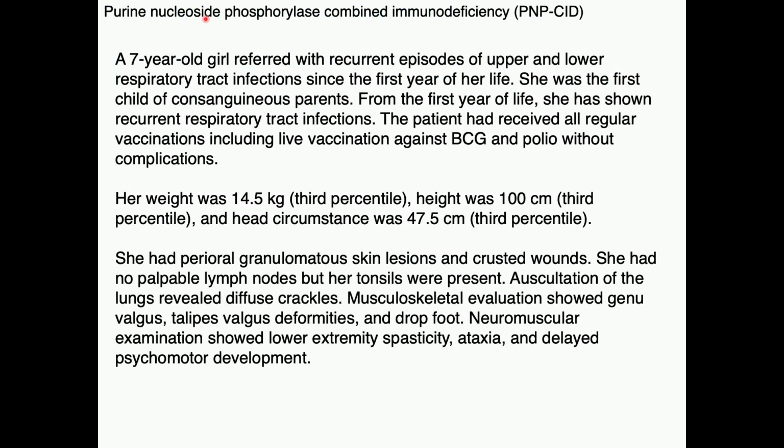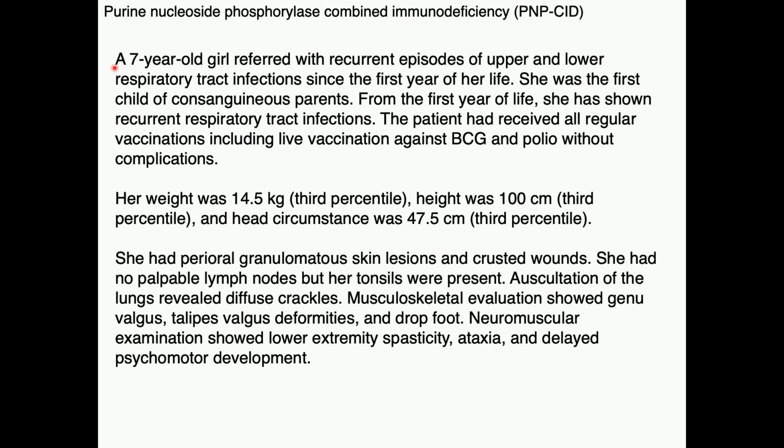Okay, so let's look at another case. So this is combined immunodeficiency, and the clinical path of this case was worse than the previous case, but this is generally considered to be a less severe condition. And we can kind of see that.